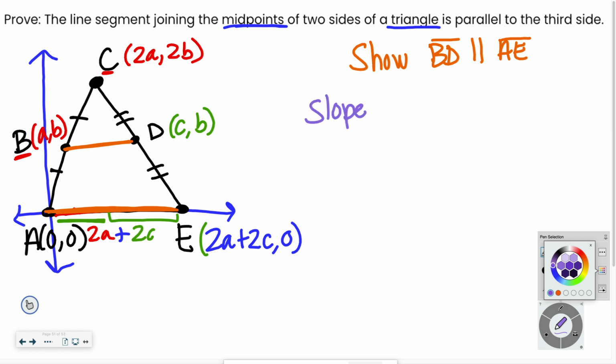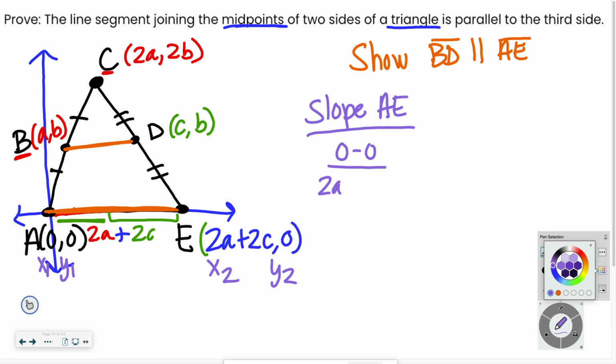So let's first find the slope of AE. So here we go. Here's your x1, y1, x2, y2. So we're going to have your y coordinates subtracted from each other over 2a plus 2c minus 0.